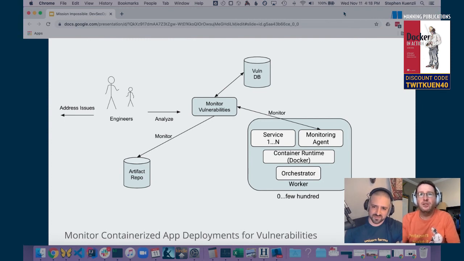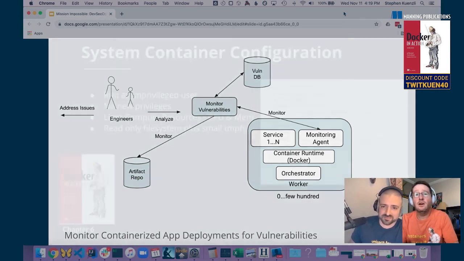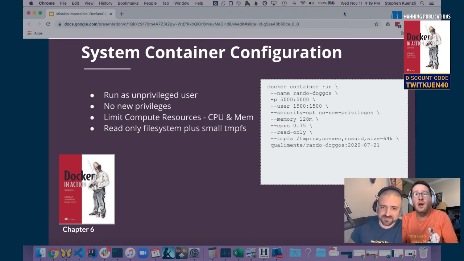Another thing that they can do is tell you about the security of your container configurations, the way the container is actually configured, giving you visibility into what privileged containers are out there, or what's running as root, or with the root user and so forth. There are a few things you want to keep in mind, and you can improve the security of your container deployment straight away, usually quite easily.